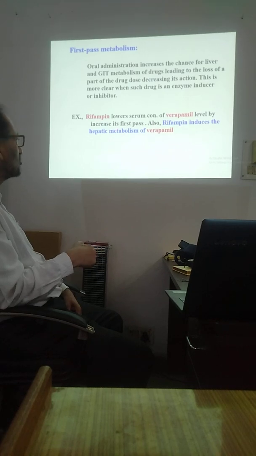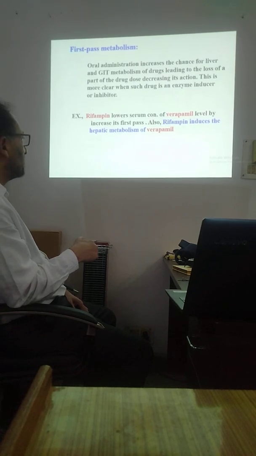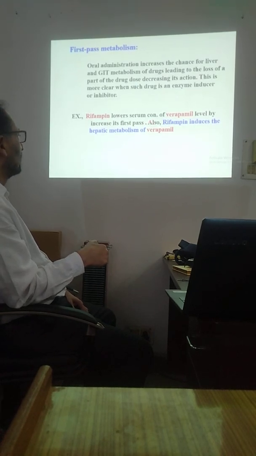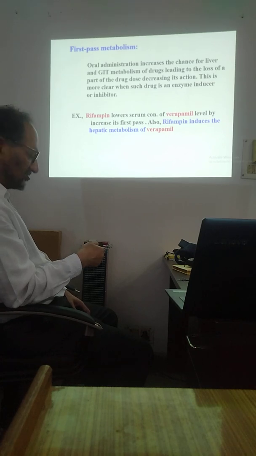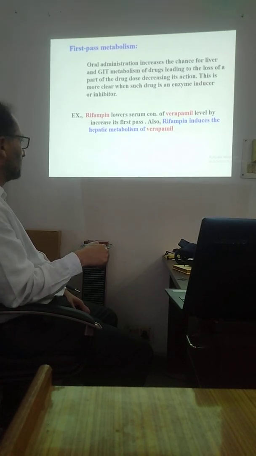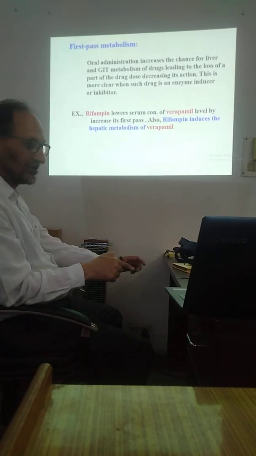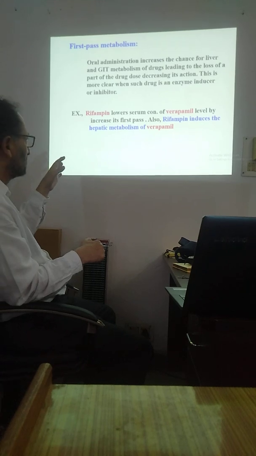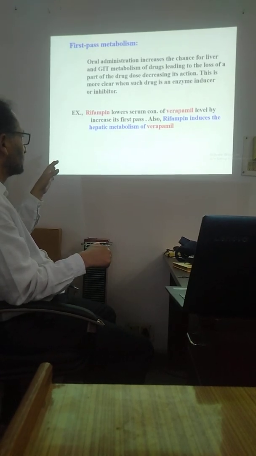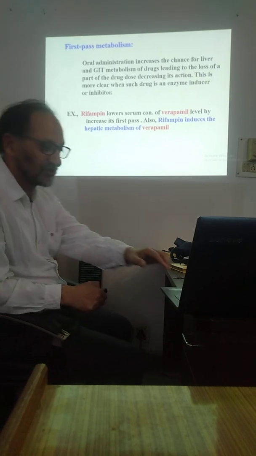So rifampicin is an inducer, and it induces the hepatic metabolism of verapamil. We have to take this into consideration. Verapamil is an antihypertensive with many pharmacodynamic responses. In tuberculosis patients taking rifampicin as well as verapamil side by side, we have to be cautious about this.